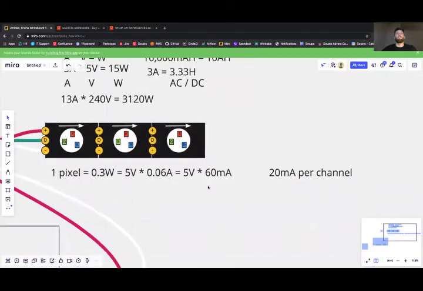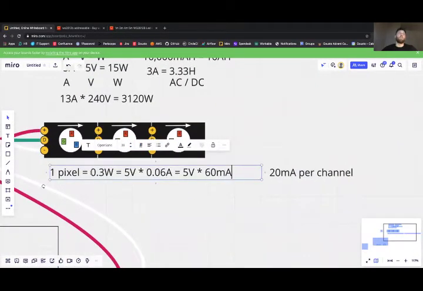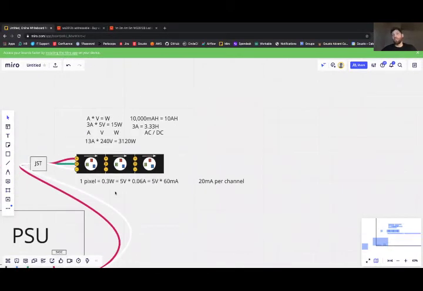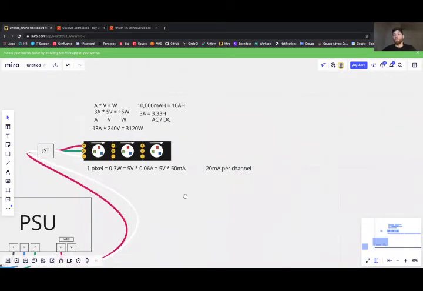All right, so 0.3 watts per pixel. Let's do a calculation. Let's say we have a system which has 2,000 of these pixels, okay?